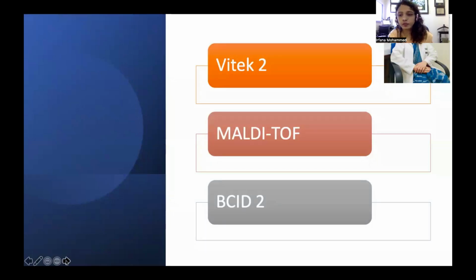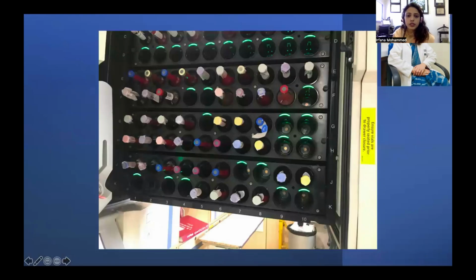So now we will discuss the culture methods. How do we identify bacteria in the microbiology lab? Initially we take the blood culture and put it in the automated system. This is the automated system, where we have an alarm for every blood culture positivity. It beeps, and then you can go and see in the system whether any blood culture has flagged positive.